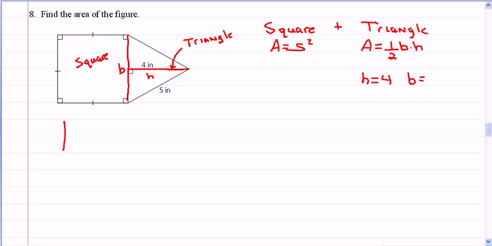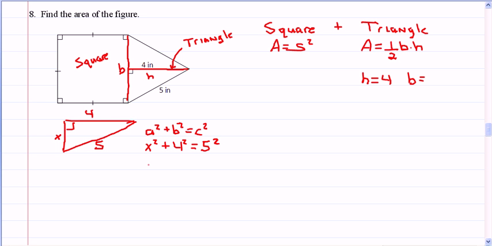So if I take this triangle and just draw it out on the side, I have a 4 and a 5, and I'm just going to place an x here, and using the Pythagorean theorem, a squared plus b squared equals c squared, I'll let the x equal a, the 4 equal b, and the hypotenuse has to be 5 because it's across from the right angle.